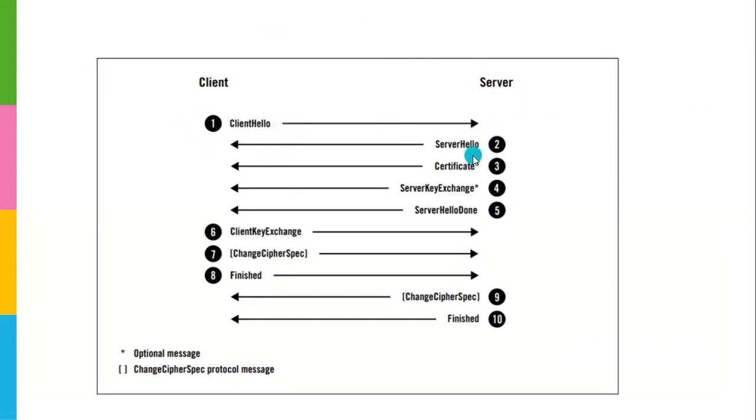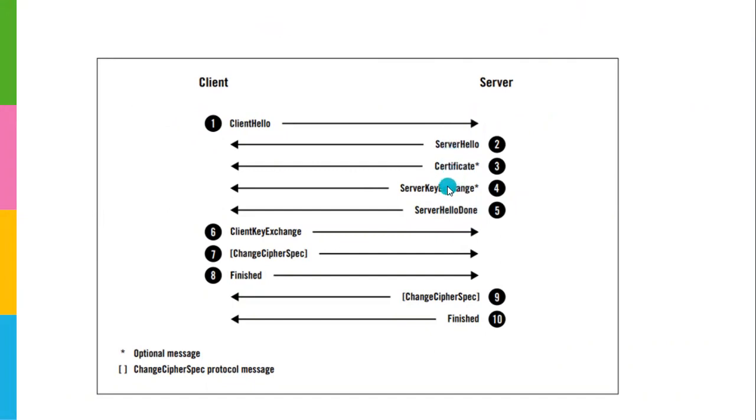Then the server will reply with server hello, then certificate as the third message, then server key exchange as the fourth message, and the fifth message is server hello done. So the first message is initiated by the client, and in reply the server will send four different messages: server hello, certificate, server key exchange, and server hello done. So these are the five messages.